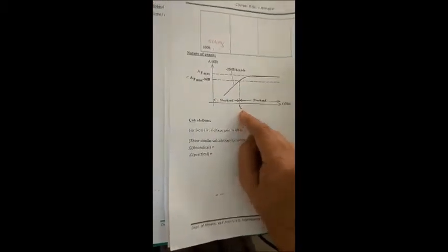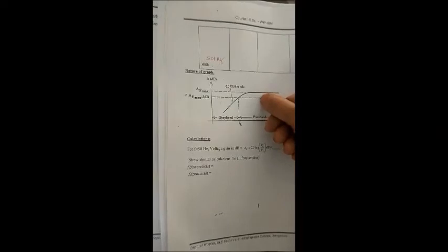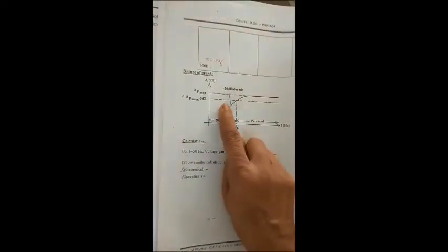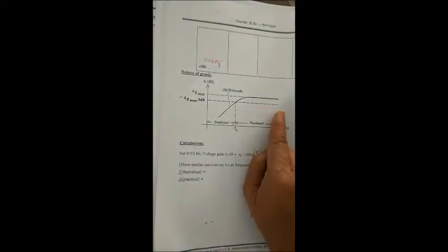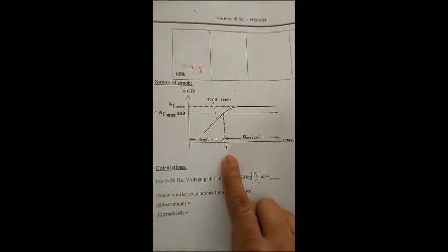So to fix the cutoff frequency, we measure the maximum gain, that is gain in dB, and go 3 dB down from the maximum gain and draw a line to cut this curve. That corresponding frequency is called the cutoff frequency of the high pass filter, represented by FL.